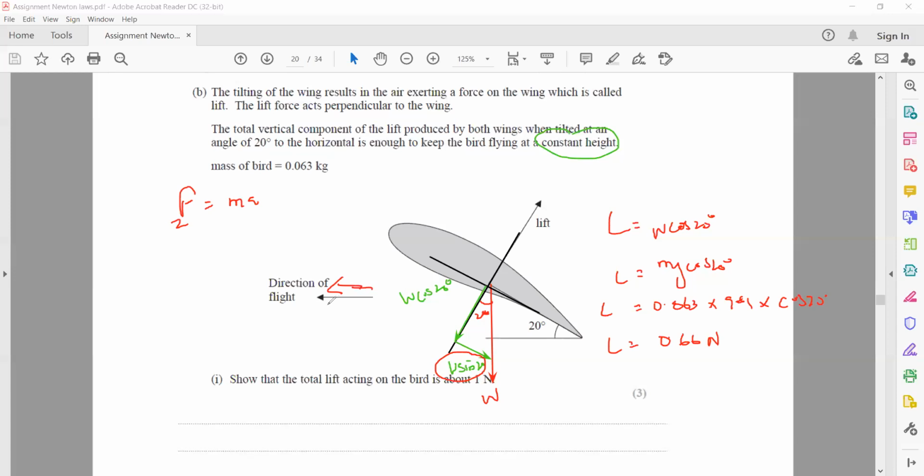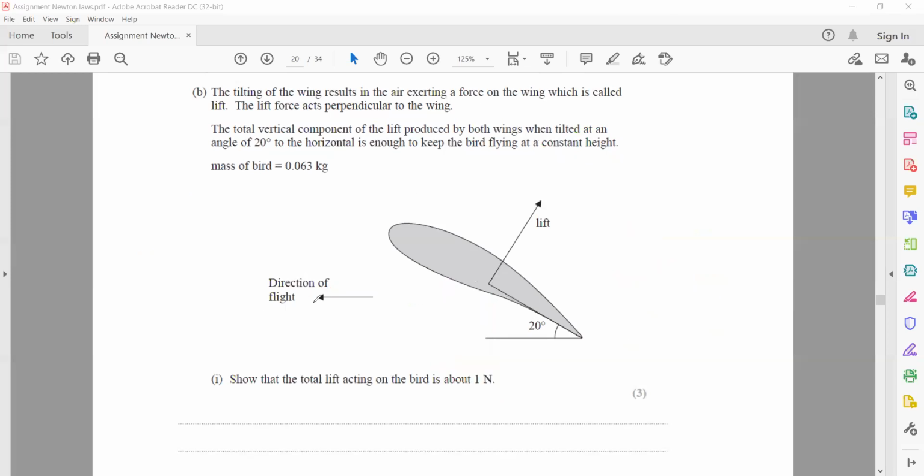So the direction of the flight is this. That matches with W sin theta. Sorry, this is the direction of the flight. Then because we need the component in this way, if this is the lift, and I complete this right angle triangle, as you can see, this will be 90.